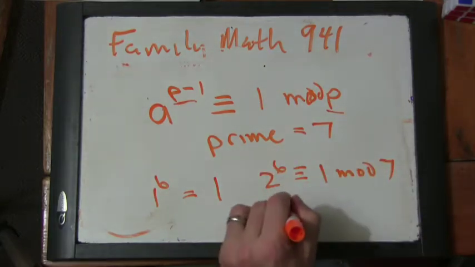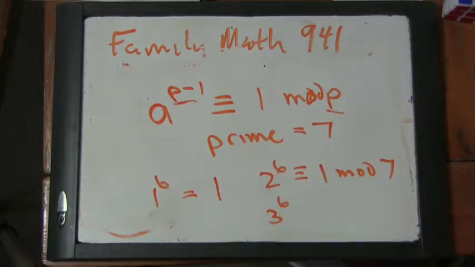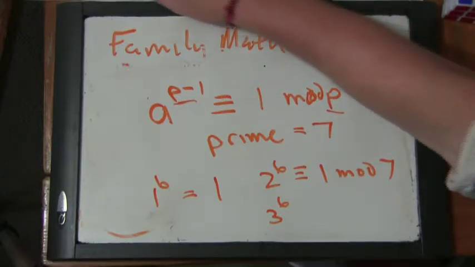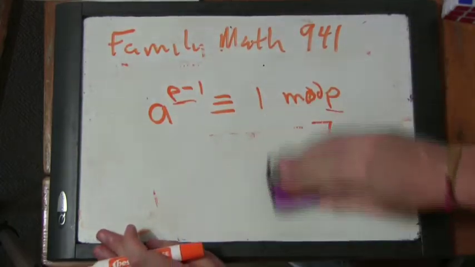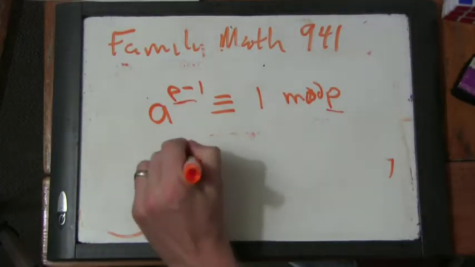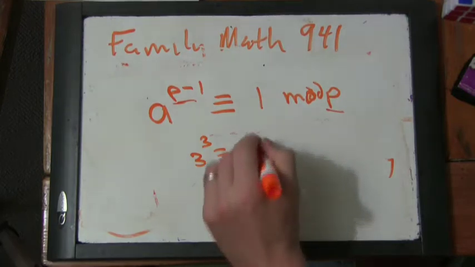How about 3 to the 6th? What would we do there? Well, we could do 3 cubed and then square that. Because we're getting kind of large, we need a method for larger numbers. Okay, so 3 cubed is 27.